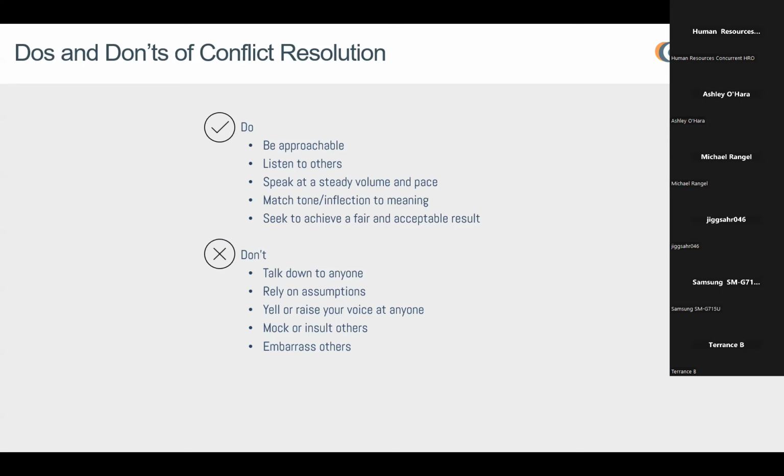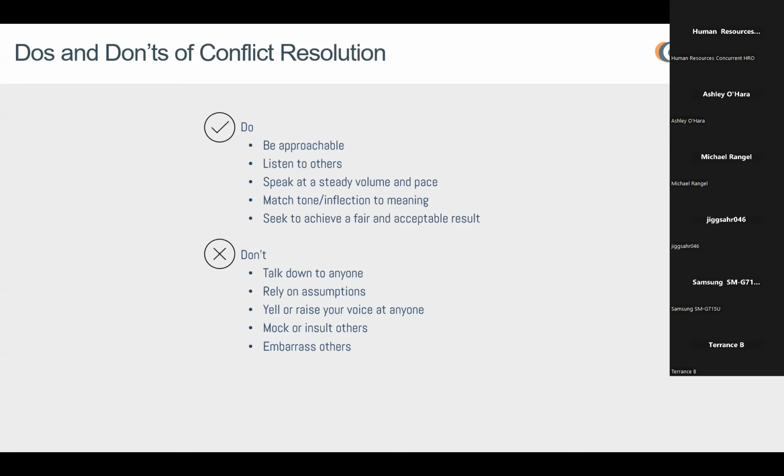All right, don't in conflict resolution, don't talk down to anyone. That is infuriating and just seeds the field for anger. Don't rely on assumptions. Make sure that you are voicing your expectations and your views, so the other individual has the ability to clarify. Don't yell or raise your voice at anyone.